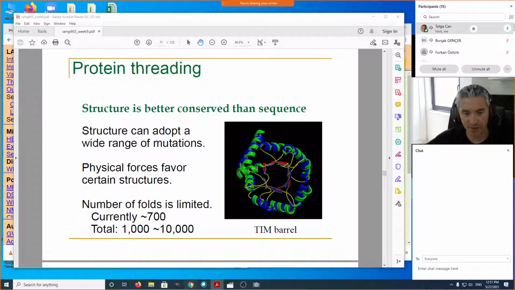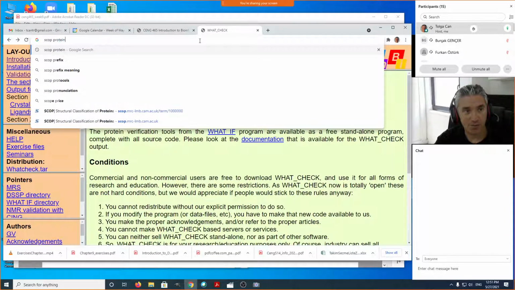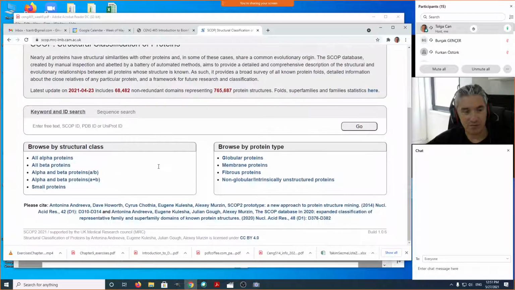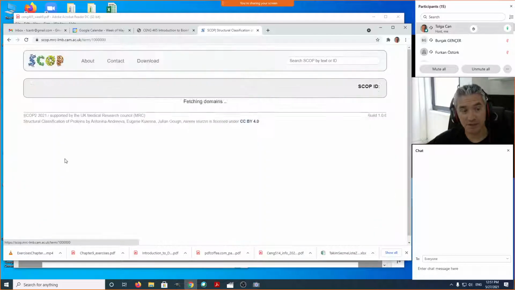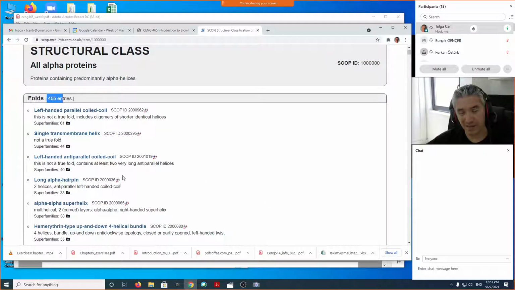A good starting point for that may be the SCOP database, SCOP protein database, which we have seen earlier. If we go one level down, for example, all alpha proteins, you see that there are 455 entries at the next level. This next level classifies proteins in terms of their overall shape.